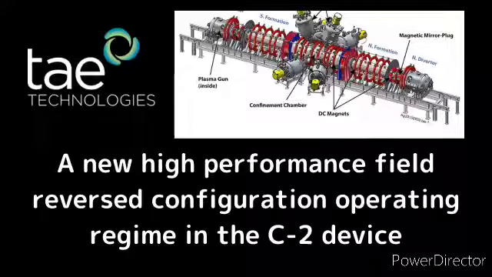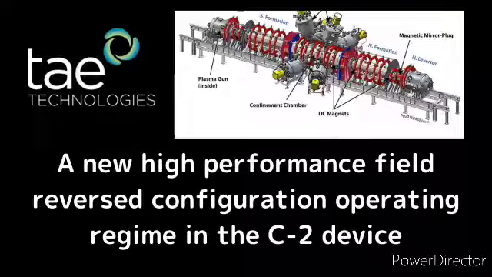The FRC could lead to an economic fusion reactor with high fusion power density, possibly using aneutronic fuels such as D-helium-3 and proton-boron.